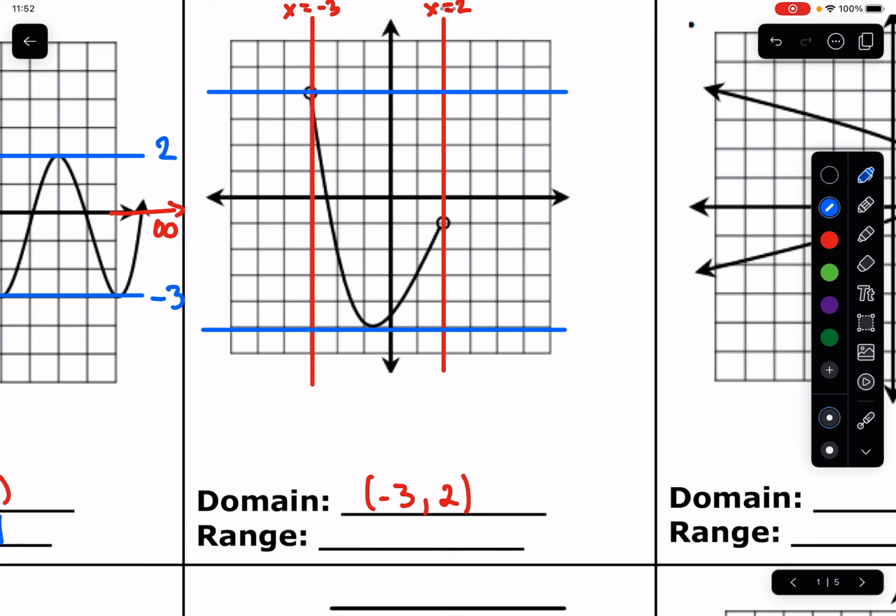Well, the blue horizontal line down here, let's count from 0: 1, 2, 3, 4, 5. So negative 5. And this blue line up here on the top, that is positive 1, 2, 3, 4. Y equals 4 and y equals negative 5.